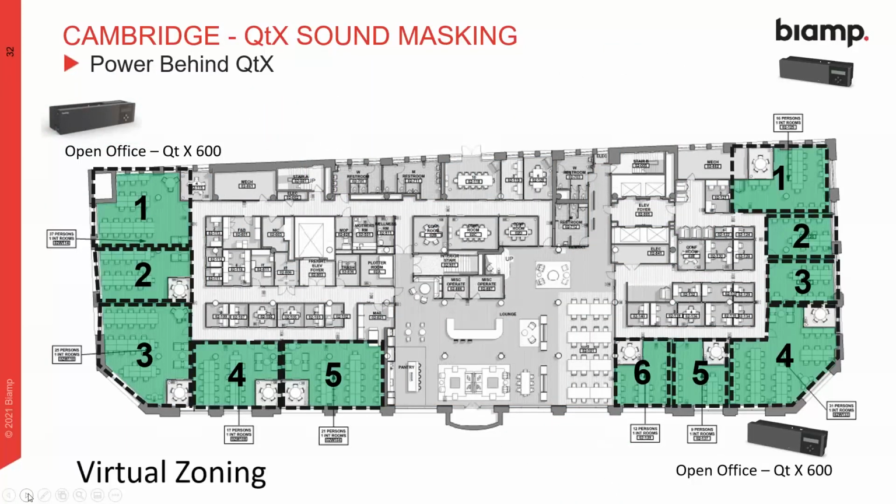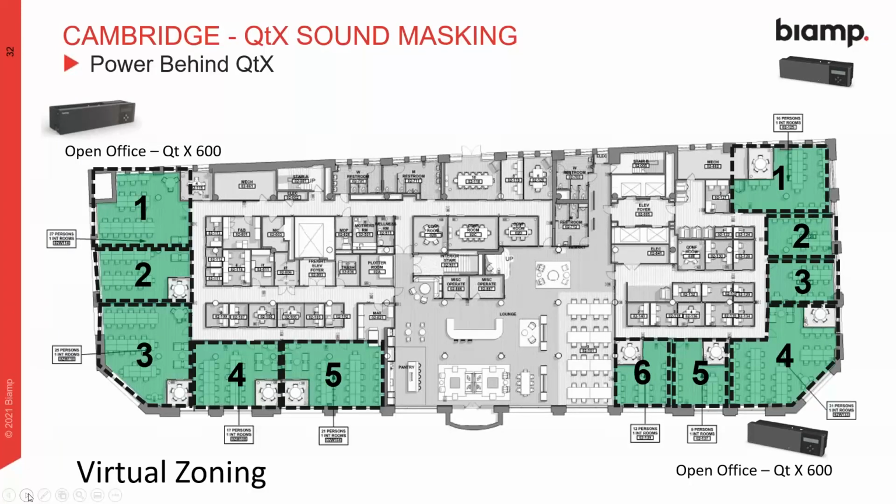Additionally, the other power behind QTX is what we call virtual zoning. This feature is very new. As I mentioned earlier, in the previous product, which was our QT Pro product, the outputs on that device were fixed zones.